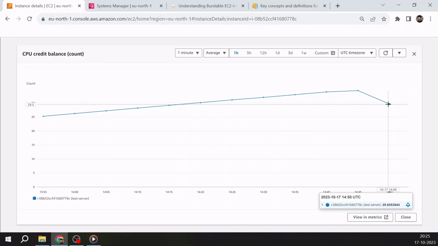So what would have happened if our load was this much? The credit balance would come to zero if your EC2 instance is running with the same load. In that case, once it comes to zero and you have not enabled unlimited burst, your EC2 will start throttling.